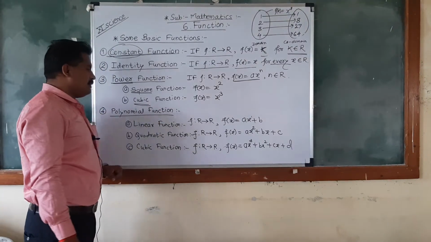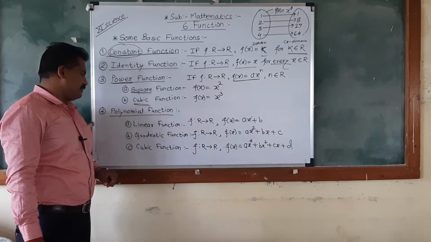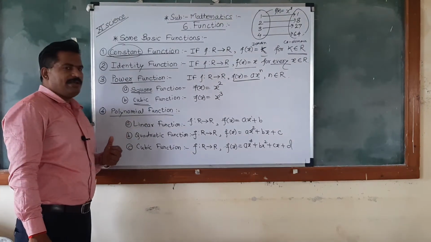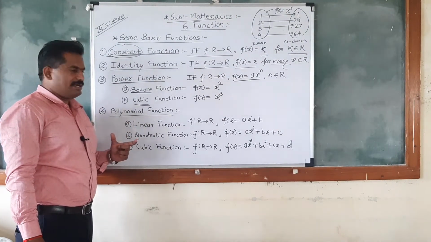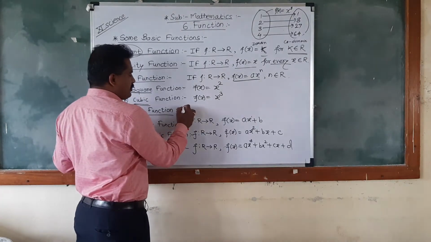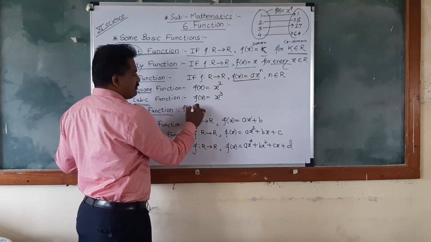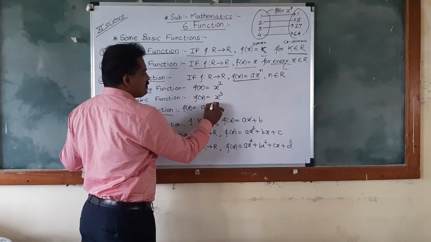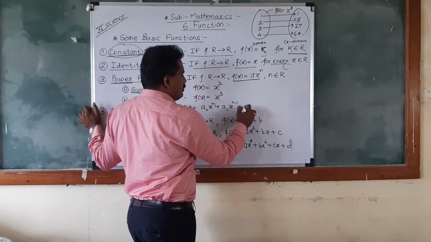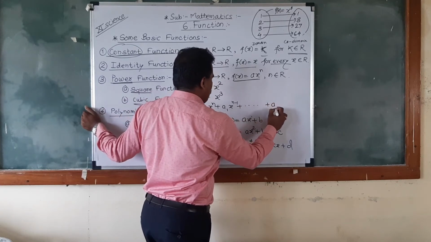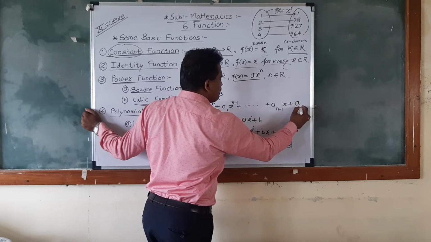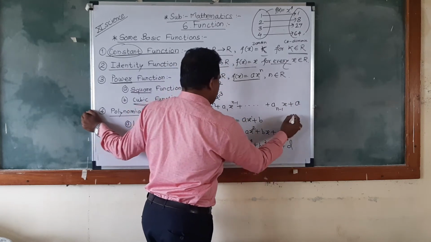Now, the next function is the polynomial function. The polynomial has the general form f of x is equal to a0 x raised to n plus a1 x raised to n minus 1 up to a n minus 1 into x plus lastly a n.